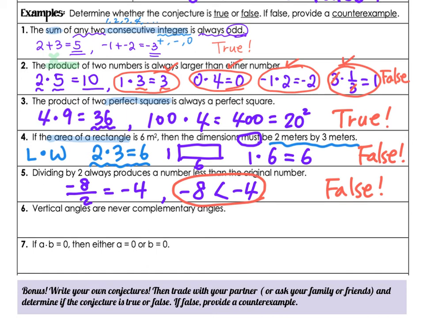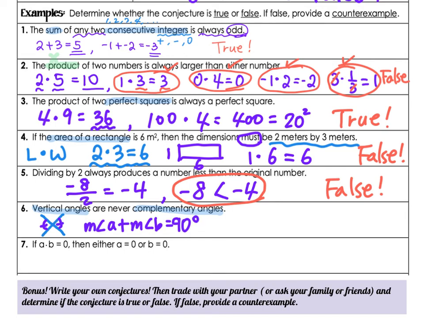Number 6, vertical angles are never complementary angles. So you need to know what vertical angles and complementary angles are. We learned this on the previous angle lesson. So vertical angles are facing each other. We gave a nickname, bow tie angles, and they are congruent. And complementary angles, let's say measure of angle A plus measure of angle B has to be 90 degrees.